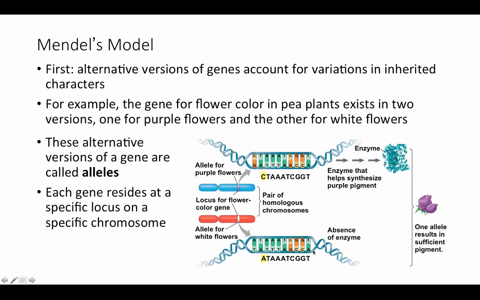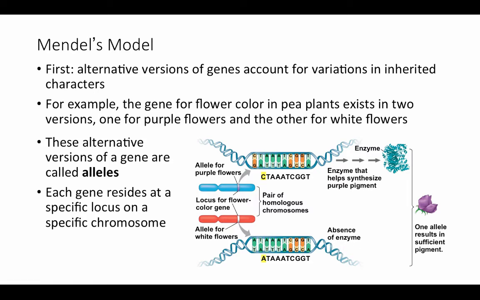This other one is a mutated form, a different version of that with some differences in the nucleotide sequence. So this one has an A where this one has a C. That mutation results in a non-functional form of that enzyme or the inability to produce that enzyme, so that the purple pigment is not produced.